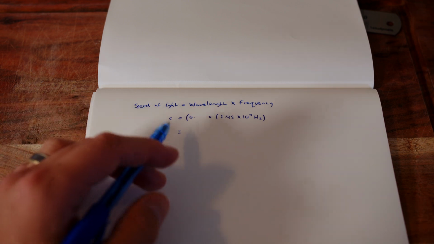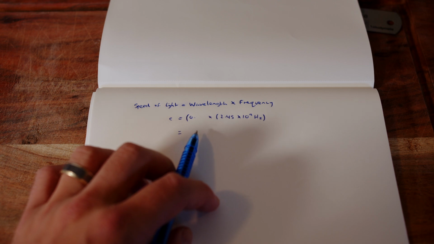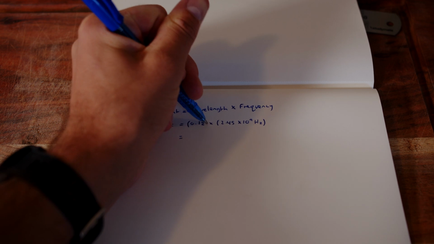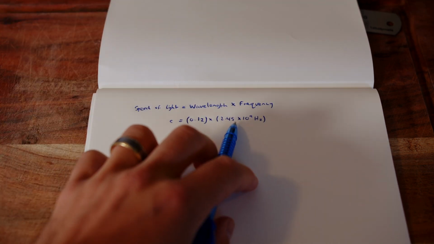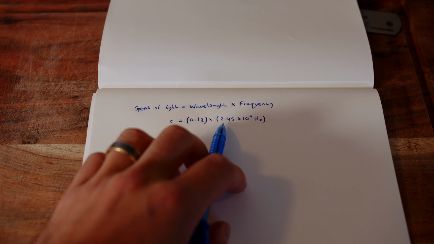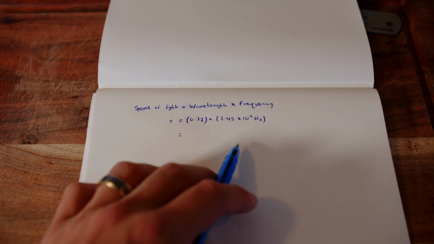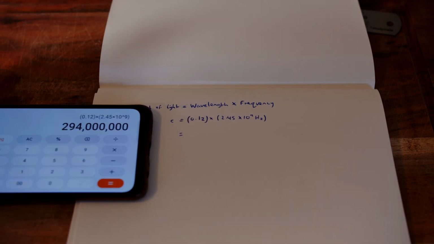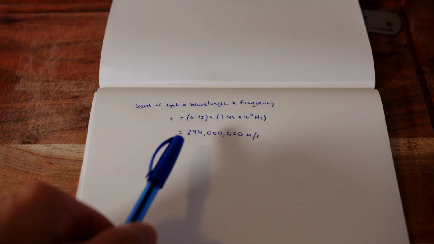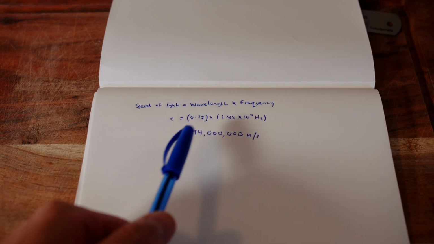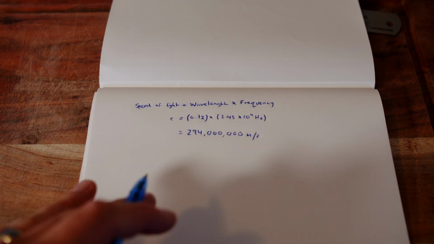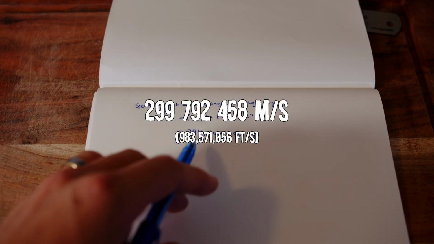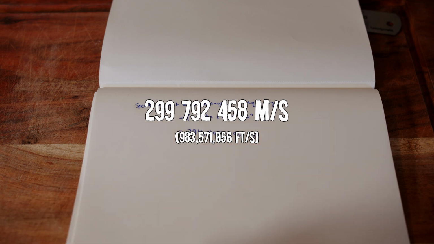And so then if I want my final measurement to be meters per second, I'll convert that to meters, so that's 0.12 times 2.45 times 10 to the power of 9, so that's 2.45 billion, and that should give me 294 million meters per second, which is actually pretty close to the actual speed of light, which is actually like 299 million meters per second, just a bit over that.